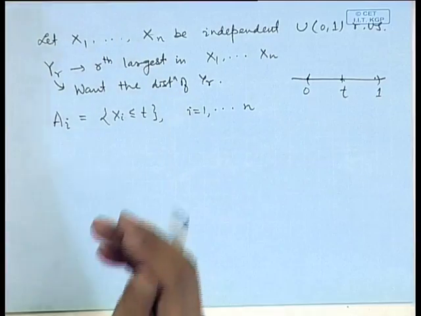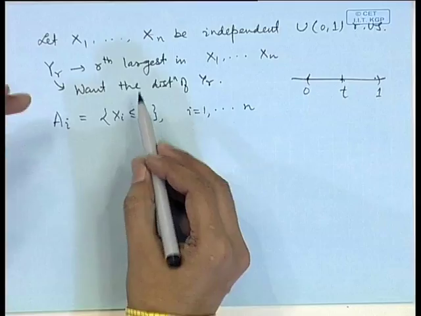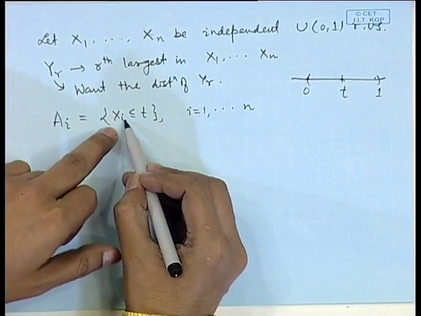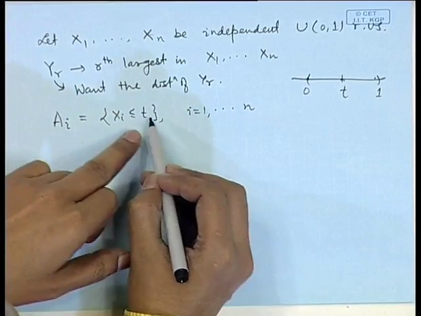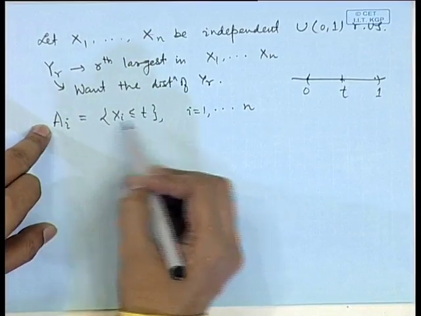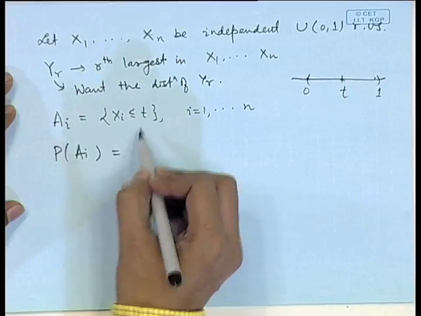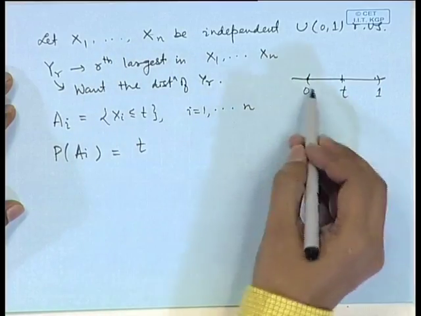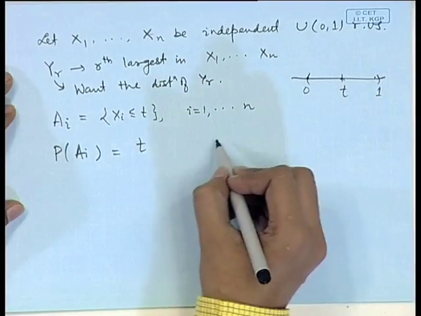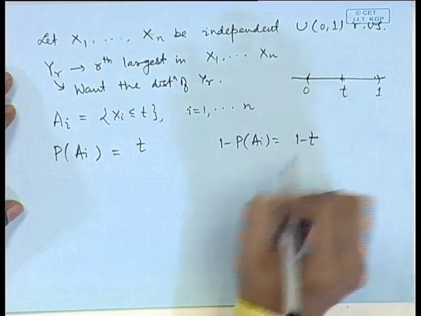So, observing x 1, x 2, ..., x n denotes a sequence of Bernoulli trials, because each x i may satisfy x i less than or equal to t, or it may not satisfy. That means, A i may happen or may not happen. And what is the probability of A i? That is t, where t is a number between 0 and 1. So, 1 minus probability of A i is 1 minus t.